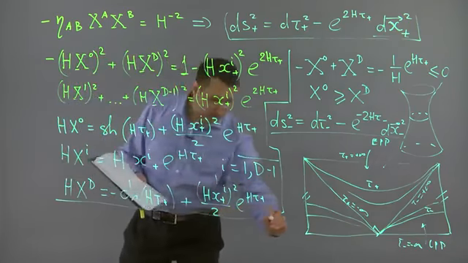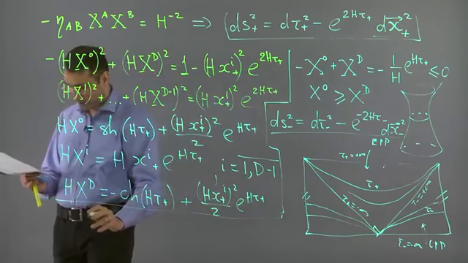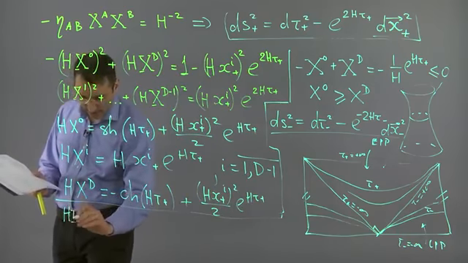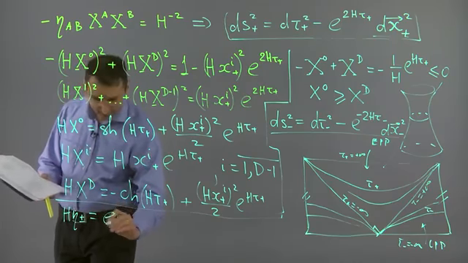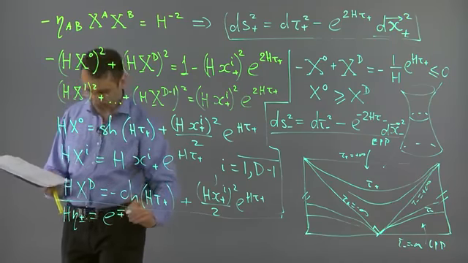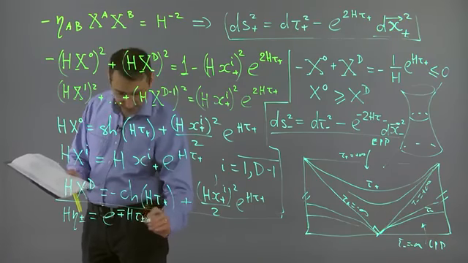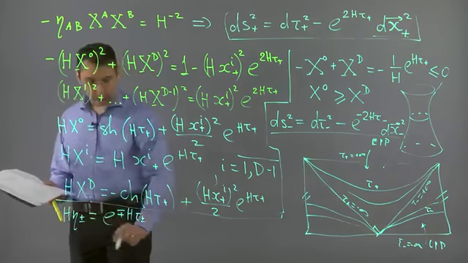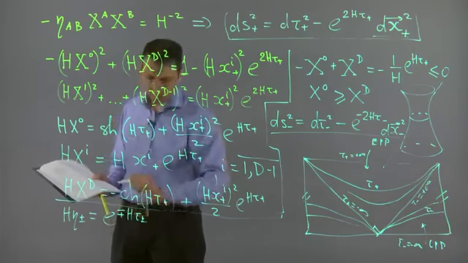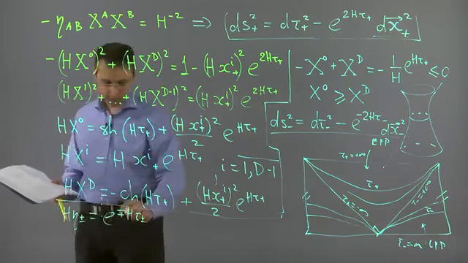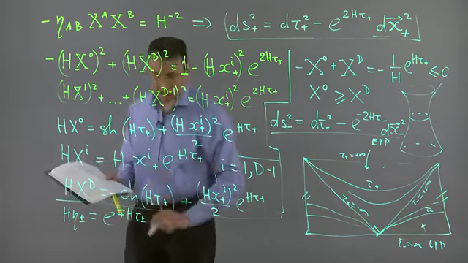So if in this metric, and in this metric, we make the following change of coordinates: h eta plus minus equal to exponent of minus plus h tau plus minus. So for h eta plus, we have here minus exponent of minus h tau plus. For eta minus, here we have exponent of plus h times tau minus.